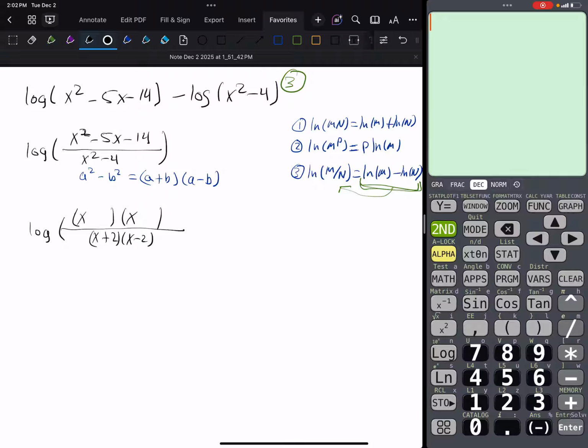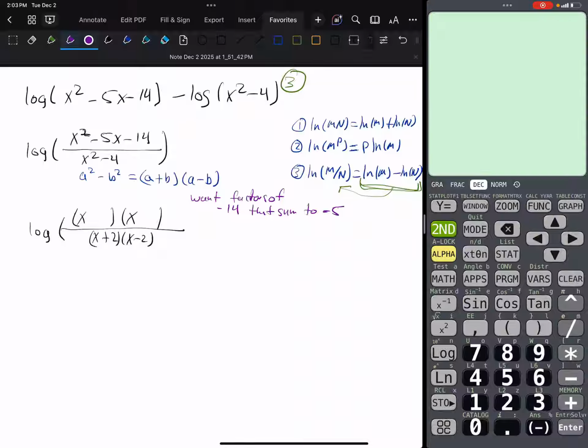Now, if this factors, I'm looking for numbers that multiply to negative 14 and sum to negative 5. And so I'm looking for factors of negative 14 that sum to negative 5.